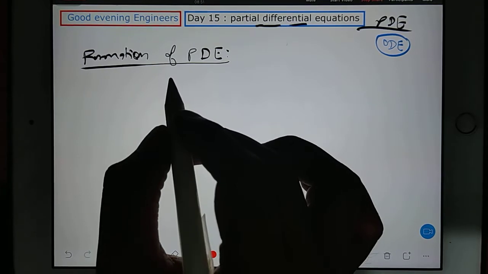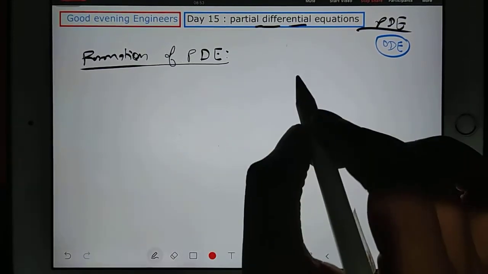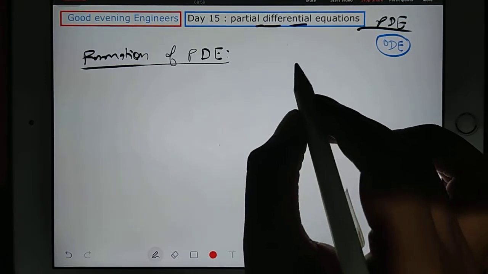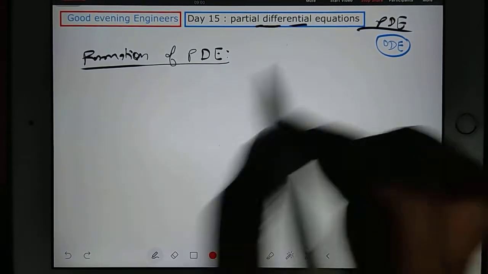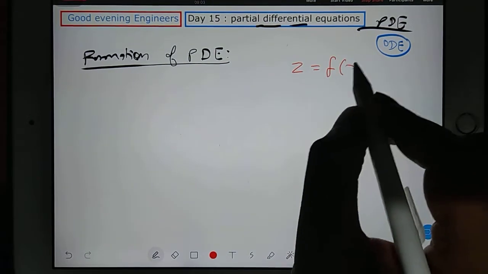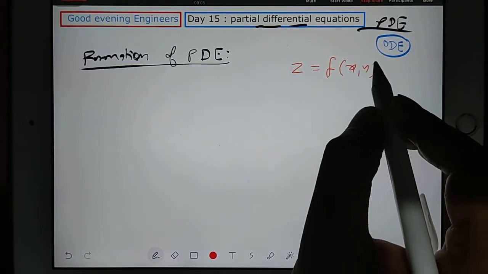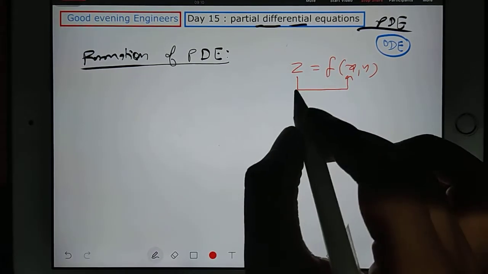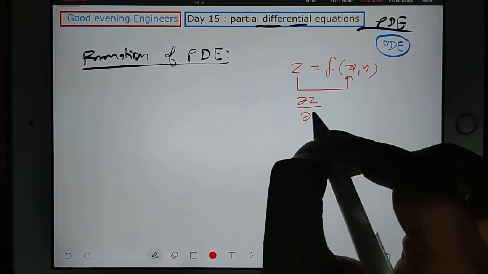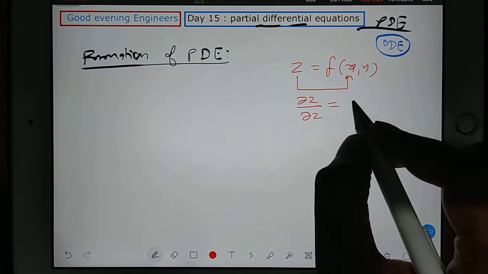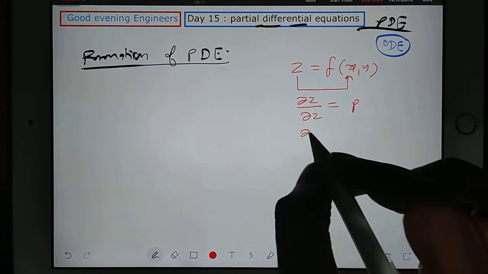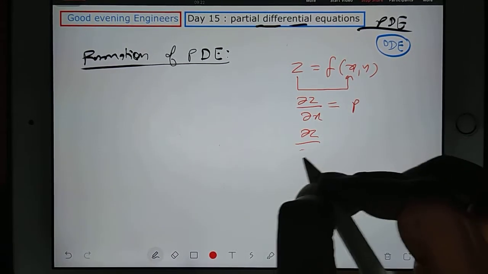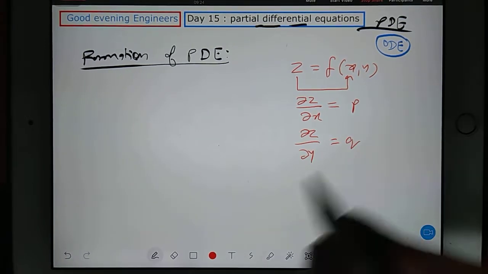In this formation of partial differential equation, in advance we have to keep some symbols in mind. Already we have seen these symbols in previous lectures. Suppose you have z and this z is a function of x and y. If you differentiate this z with respect to x, you remember we used to give dou z by dou x the symbol p, and dou z by dou y is equal to q.